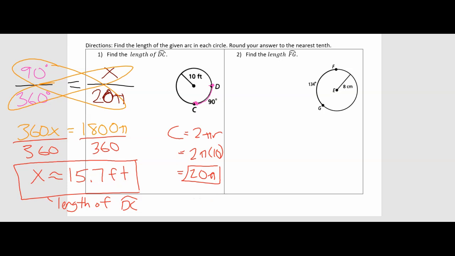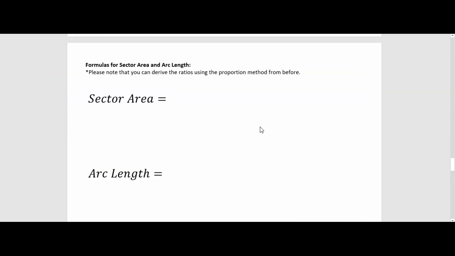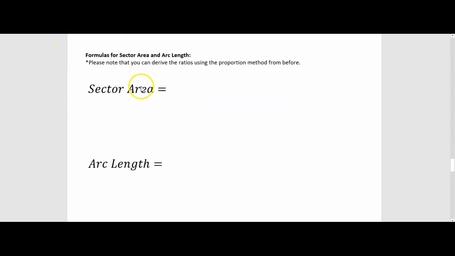All right, again, we're pushing about 30 minutes, so we'll cut it off there. Plenty of problems that we will get to in class. Feel free to take a look at them if you want. There are some challenge problems down here. I'll just give you a quick glance at those. I guess first, these formulas for sector area and arc length. We'll talk about those.